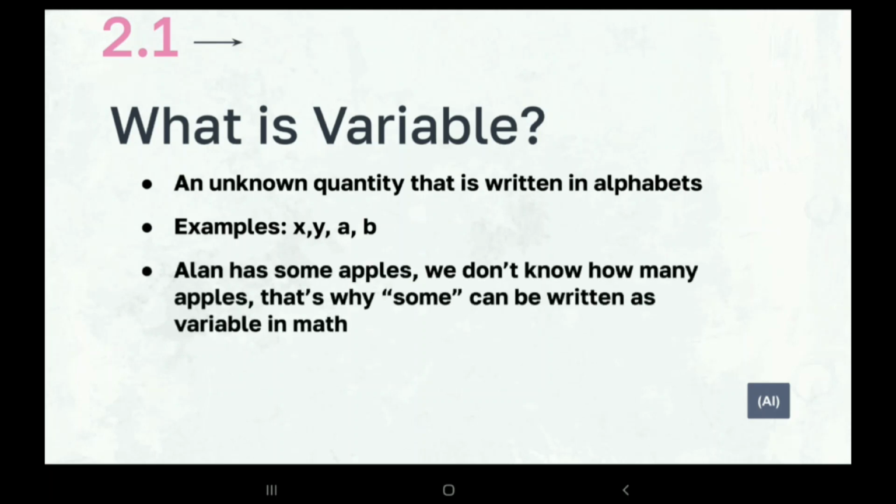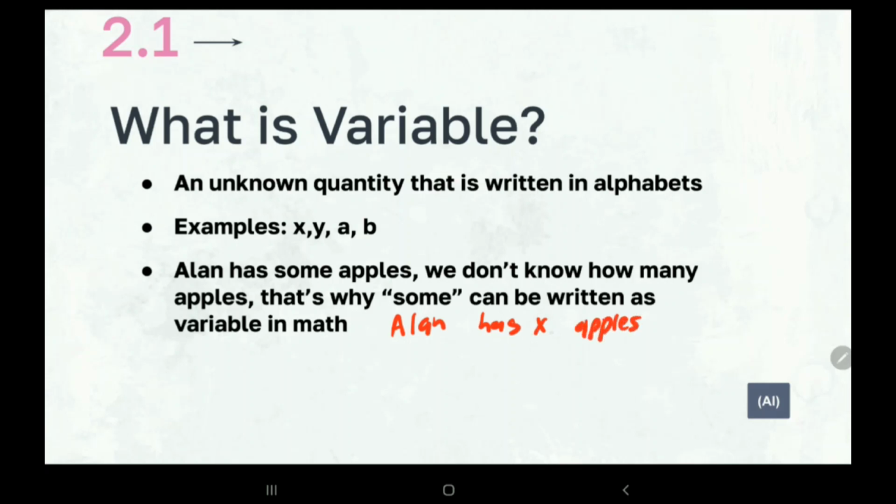Next one. So for example, Alan has some apples. We don't know how many apples. That's why "some" can be written as a variable in math. So for example, Alan has x apples.